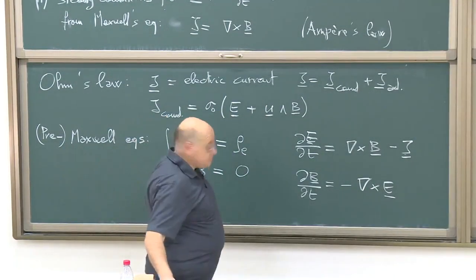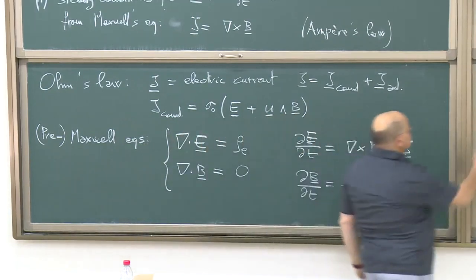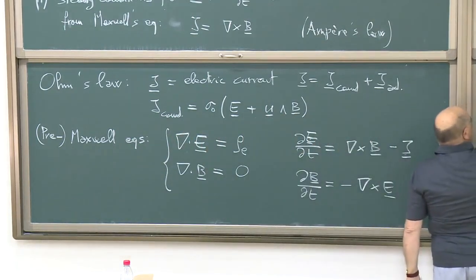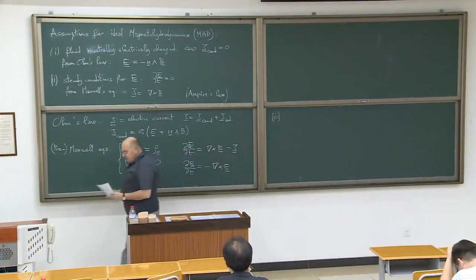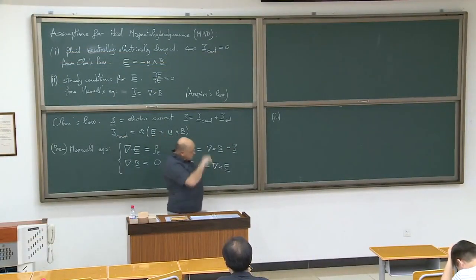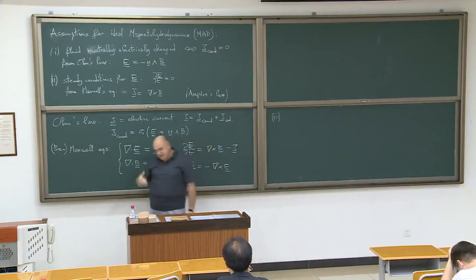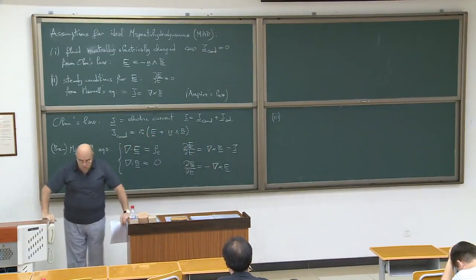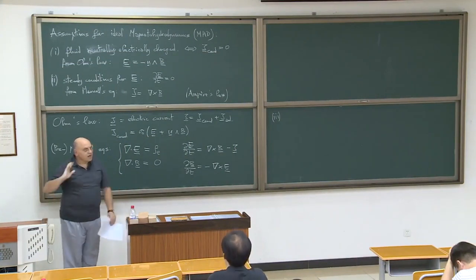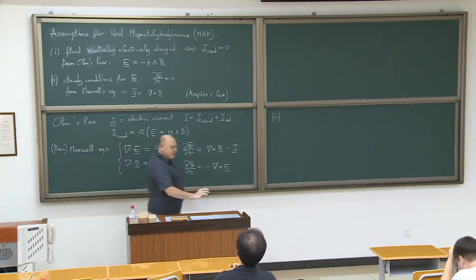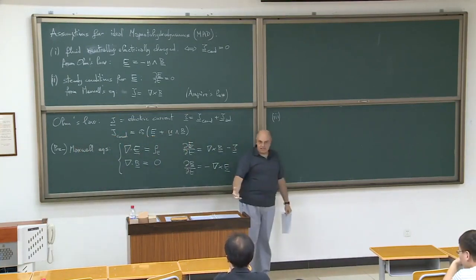Third assumption is the consideration that perturbations, so to speak, due to magnetic fields are traveling at a much lower speed than the speed of light.